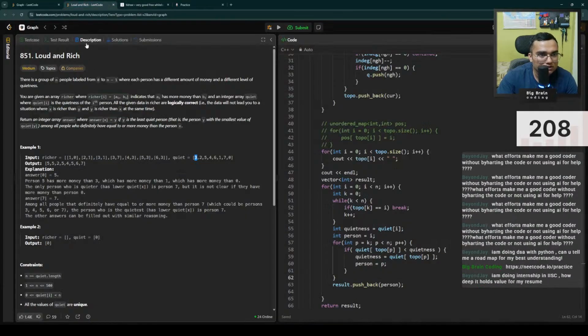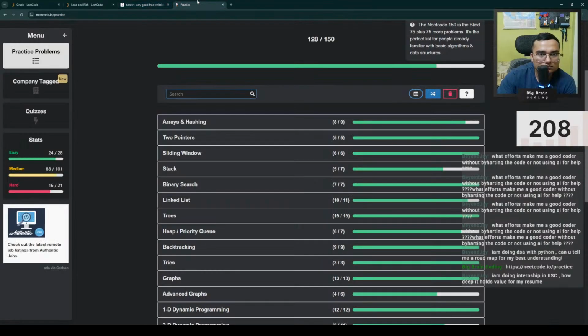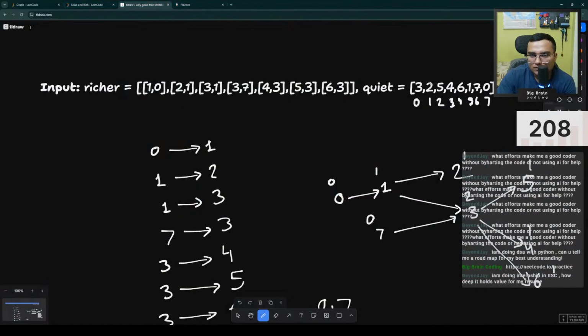Why is it giving me 6 here? Oh, 1? What? How is it 1? How is it not 5?